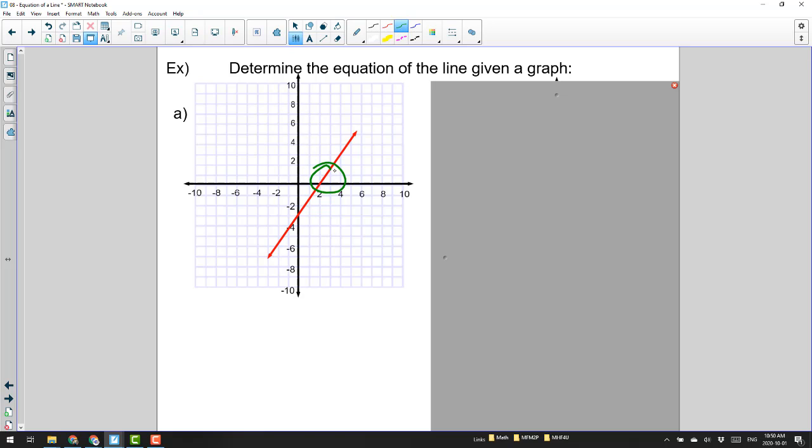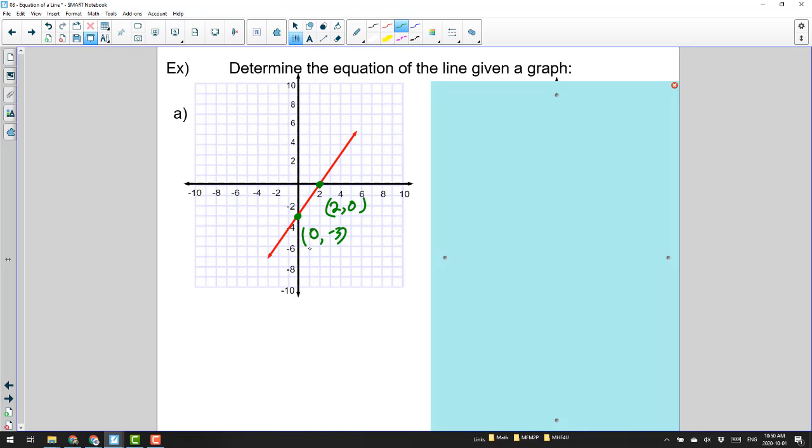That's very difficult to read, it's a partial, at 0.5 or something like that. So choose something that makes sense. So I'm going to choose this point right here, and I will choose this point right here. The first one is at 2, 0, and the second one is at 0, -3.